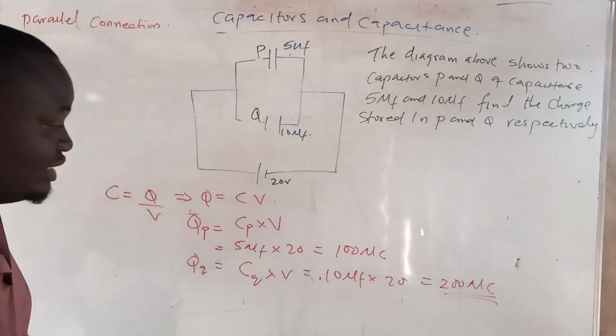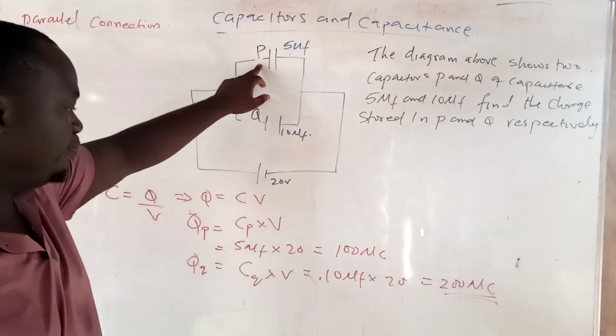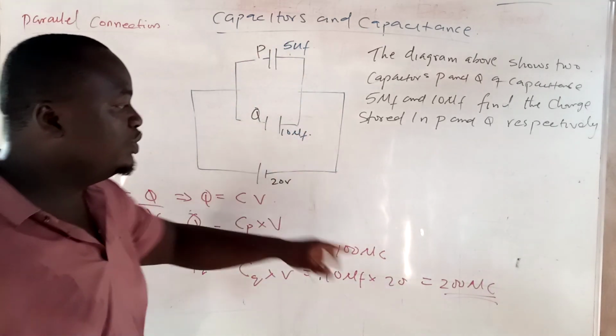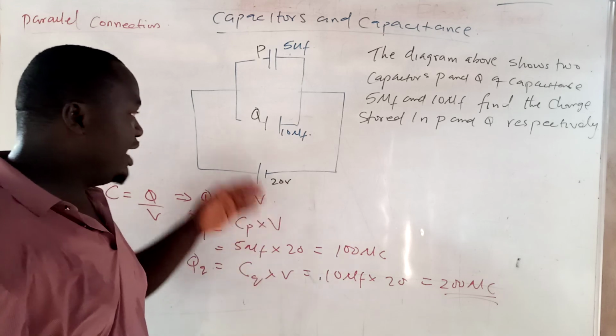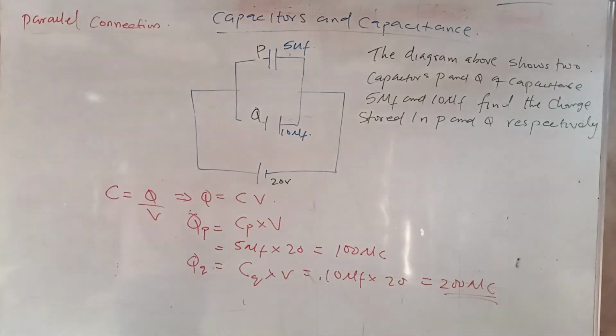And so that is the answer. Now you can see that the charge that comes into this P is 100 microcoulombs. The one that comes into this Q is 200 microcoulombs. And so you can see that automatically the charges are not the same. But you can see that I use the same voltage, meaning that the voltage is what? The same.